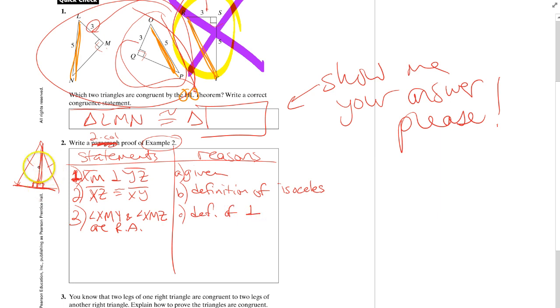So I got a right angle, I got some hypotenuses, and I also have to state that these actually are right triangles because HL only works if I have right triangles. So I'm going to make sure and mention that. Hey, these are the correct type of triangle to work with.